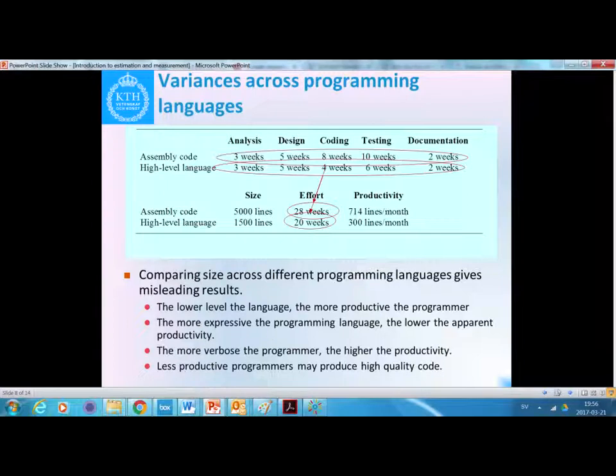It seems that the productivity is lower. And even if you write code in the same language, you may see differences between the code written by different programmers. Some programmers are more verbose, and they may seem to have higher productivity. And sometimes less productive programmers may produce high quality code because they have thought through what they were writing.